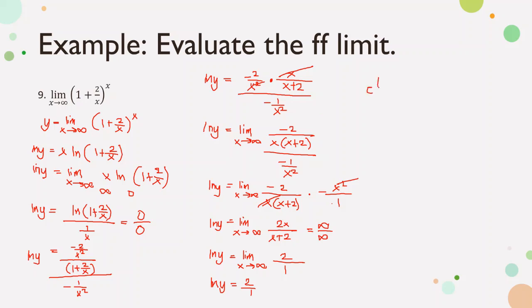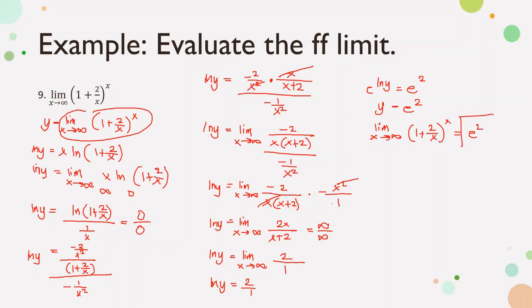So we have e raised to ln y is equivalent to e raised to 2. So y is equivalent to e raised to 2. And since y is equivalent to this, the limit as x approaches infinity of (1 plus 2 over x) raised to x is equivalent to e raised to 2. So meaning to say, our final answer is e raised to 2.